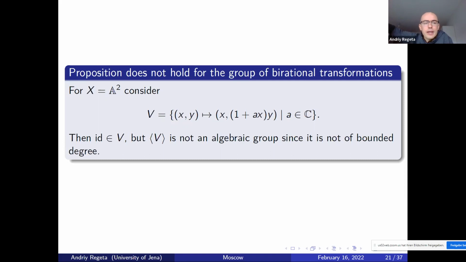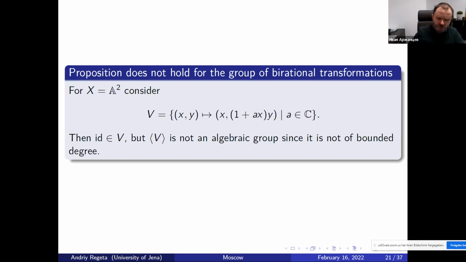First, of course, the identity is contained in V, because if a is equal to 0, then this is the identity transformation. But V is not an algebraic subgroup of the second Cremona group because it's not of bounded degree. If we iterate this element n times for a non-zero, then the element will have degree exactly n. So it will go to infinity when we iterate to infinity.